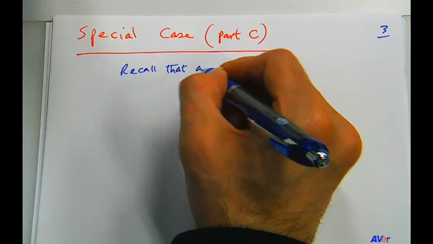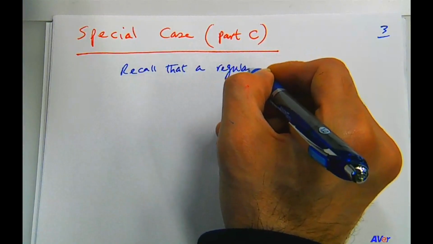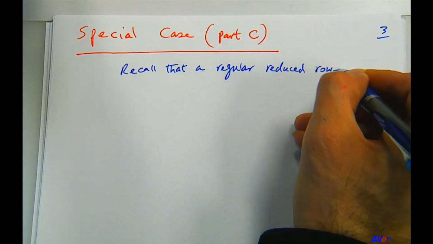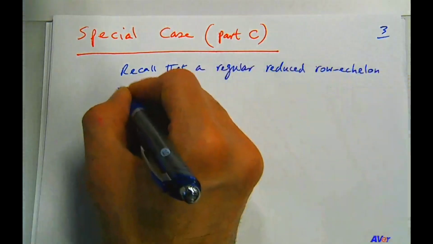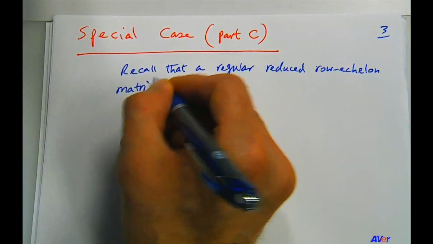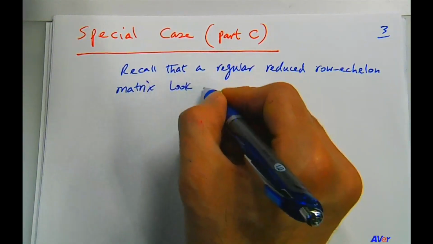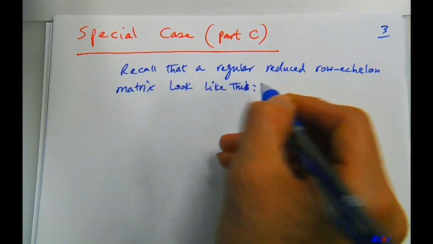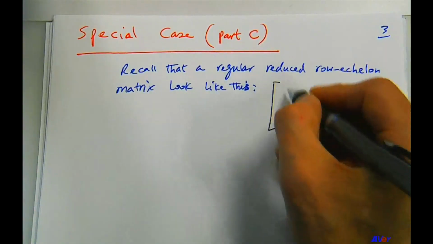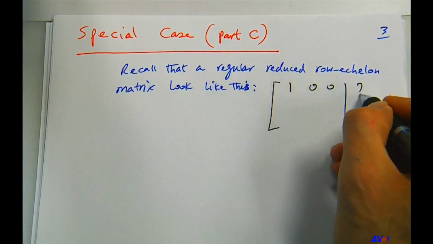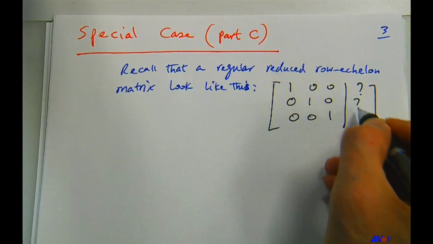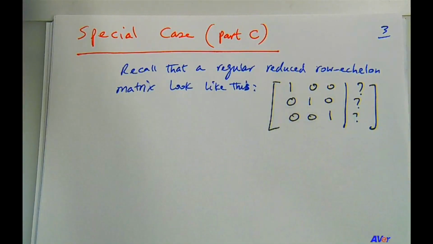Recall that a regular or normal reduced row echelon form looks like this. It's 1, 0, 0, and then the question mark on the far right, 0, 1, 0, 0, 0, 1, and then the constants. So that's what a reduced row echelon form would normally look like.